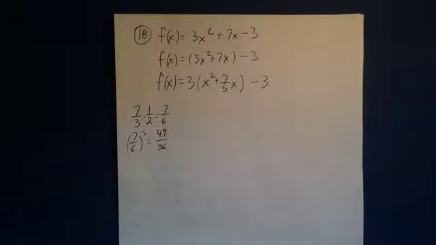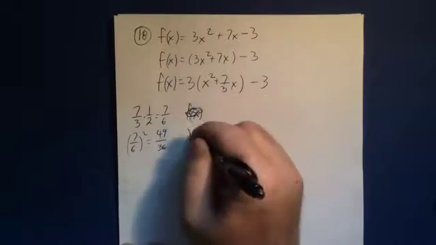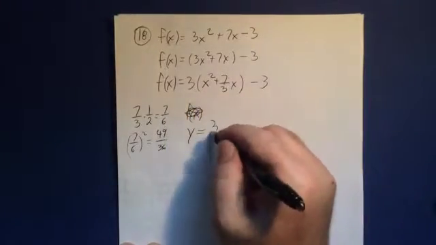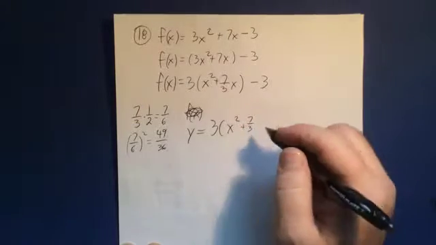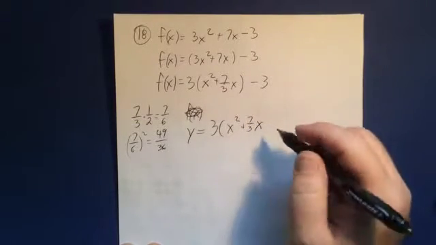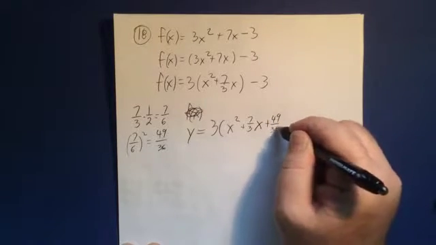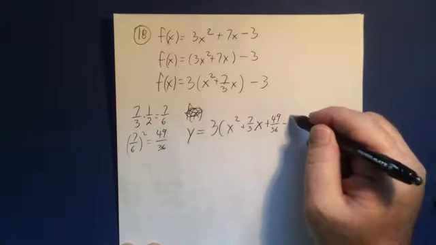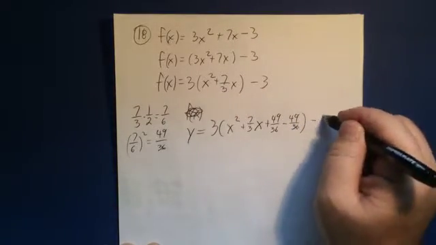So we need to add and subtract that inside. So that's now going to give us f of x, or let's just put y in that place now. 3 times x squared plus 7 over 3x plus 49 over 36 minus 49 over 36 minus 3.